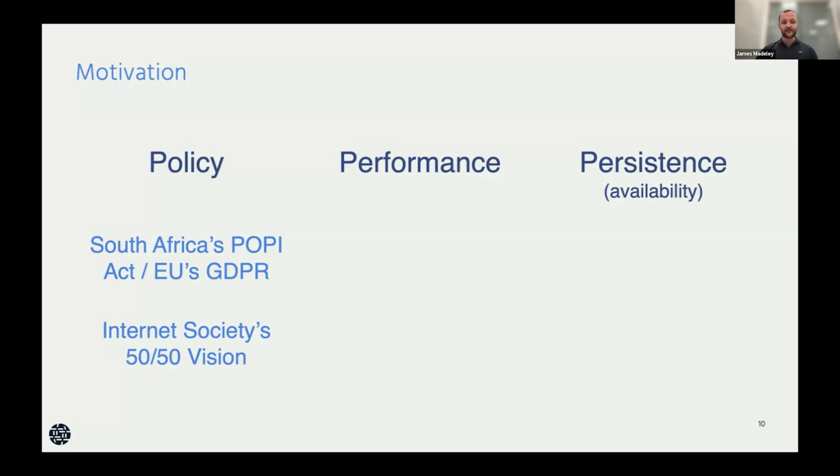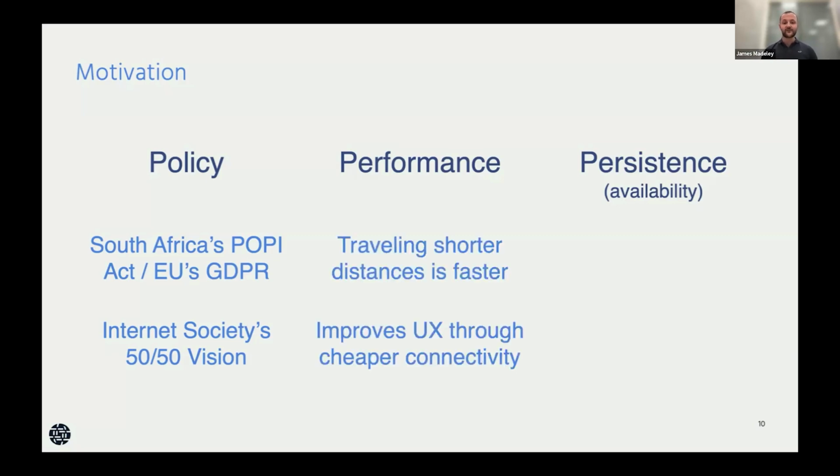In terms of performance benefits, well, traveling a shorter distance is faster, and it can also improve user experience by making connectivity cheaper. And in terms of persistence, if users are accessing fewer external networks, it means that there is a higher resilience because you don't have to rely on the network infrastructure in other countries.